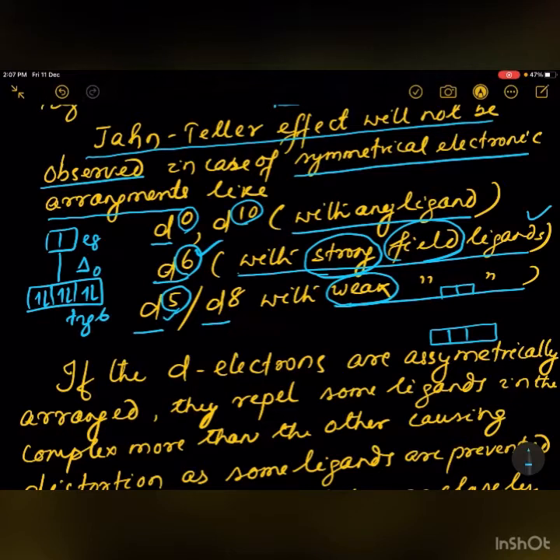These 5 electrons will remain in t2g and eg like this. Means this is t2g3 and this is eg2, and the splitting between t2g and eg, delta O, will be less. So each orbital in t2g and eg is singly occupied.